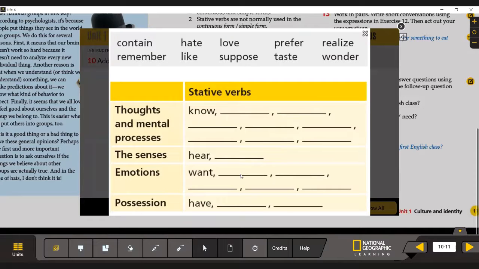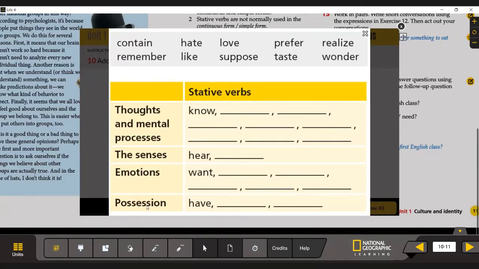I need you to get a screenshot of this table, please. Chicos, le van a sacar un screenshot a esta tabla. Y ustedes solitos van a clasificarme estos verbos que están aquí arriba en las cajas grises entre estos: thoughts and mental processes, the senses, emotions and possessions.